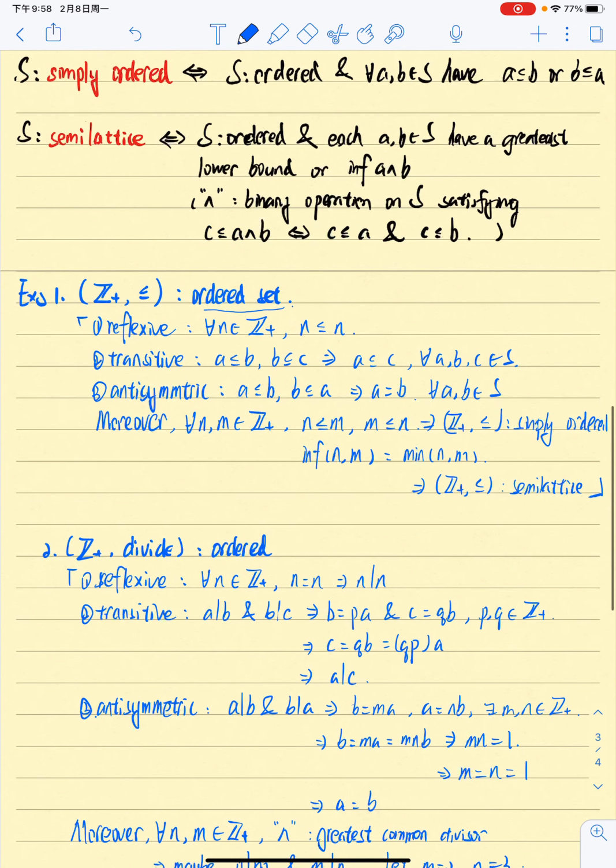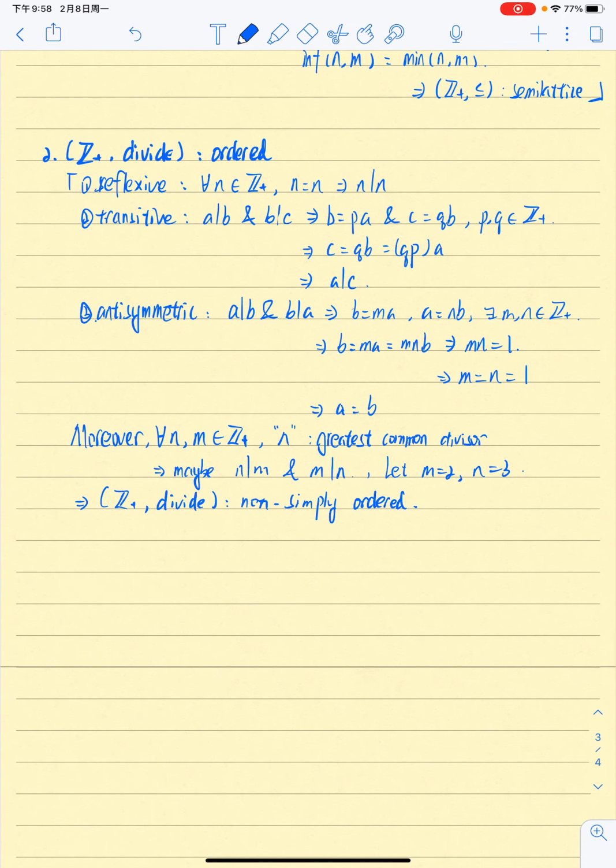And let's say this is a semi-lattice. That means for every A, B, is there some C that divides A and C divides B?